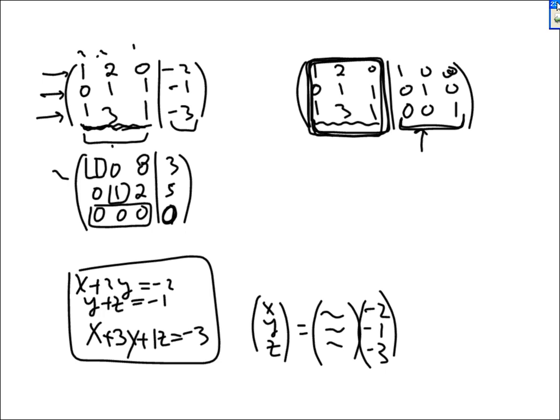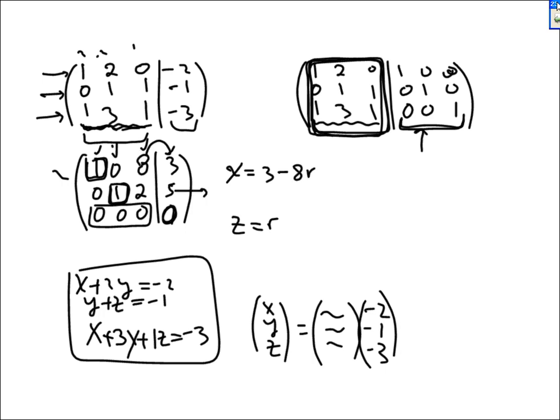Okay. Column 1 had a leading 1. Column 2 has a leading 1. Column 3 does not. That means z can be any real number. And x is equal to 3 minus 8z, minus 8r, because z is r.